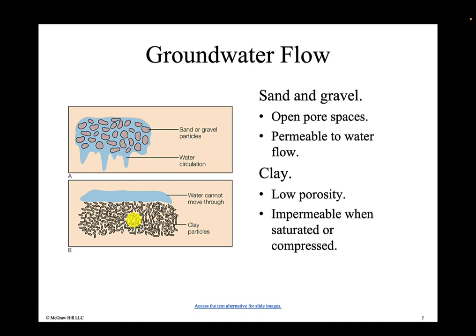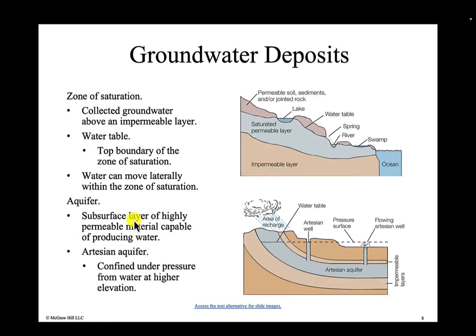That groundwater forms deposits, and here you're looking at those deposits. The groundwater will move downward, and that movement can come from a lake, from a river, or from a swamp that will infiltrate the soil underneath it, until it reaches a layer that is impermeable.